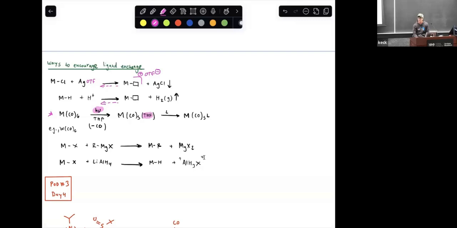You have a filled, typically metal-centered orbital, not always. Let's call it a d electron, an electron with predominantly metal-based d orbital character, and then you have some antibonding orbital. Let's call it a pi star antibonding orbital or sigma star antibonding orbital.